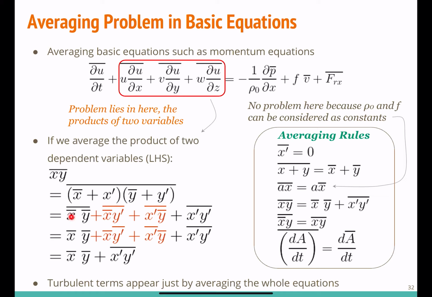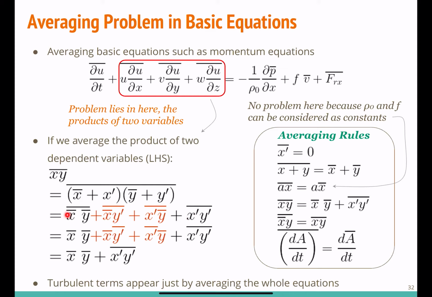We will have the average of x and average of y, and then we also do an overbar. This overbar is coming from this one. Okay, we will have to put overbars on all 4 terms. Okay, and then the average times the turbulent term, and average times the turbulent term, and then turbulent term times the turbulent term here.